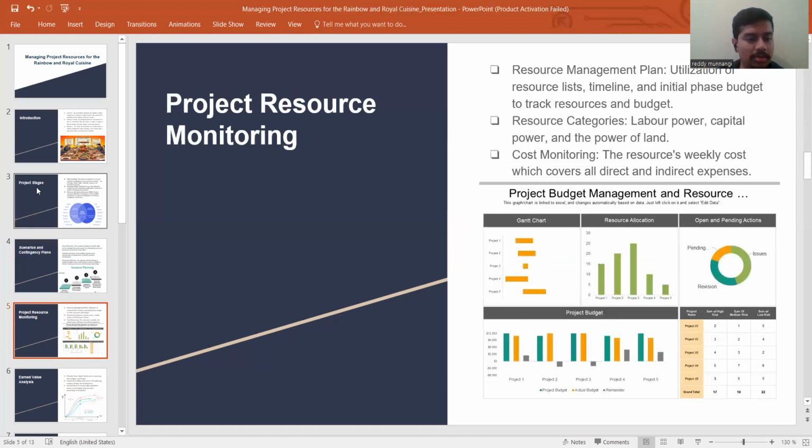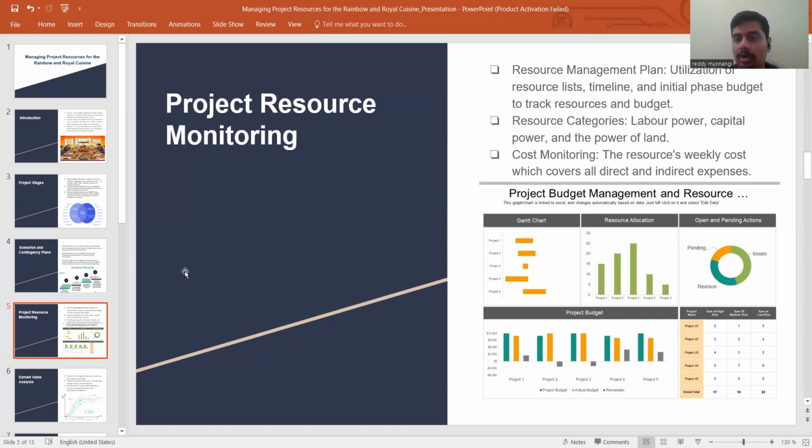And coming to the other slide, project resources monitoring. Monitoring plays a key role in project management, which helps us maintain the course without any deviations, for example, increasing cost or using more time than we have.